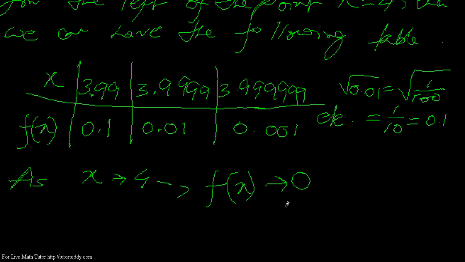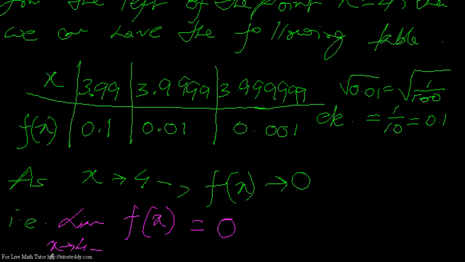So that is limit of f(x), as x tends to 4 minus, equals 0. That means as x tends to 4 minus, f(x) is approaching 0.